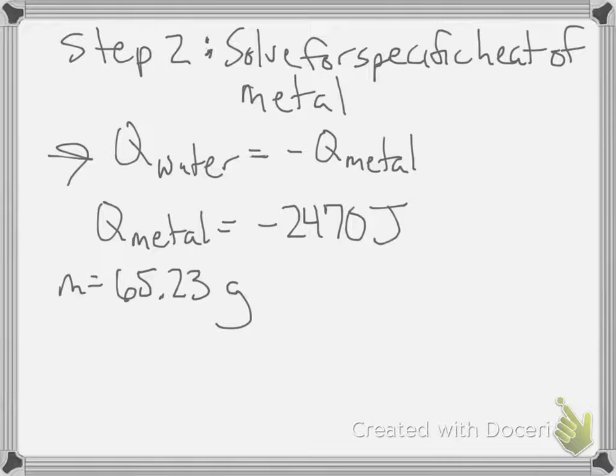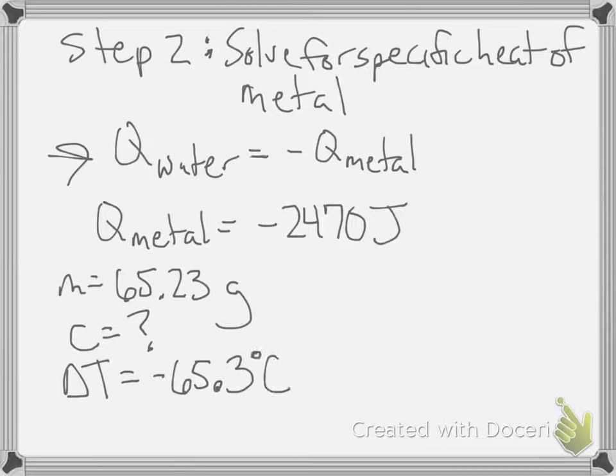And ultimately, in this case, it doesn't really matter what the metal is. Then we know that we're solving for C. We don't know the specific heat yet, but we do know delta T. Delta T was equal to negative 65.3 degrees, because the temperature went down over time.